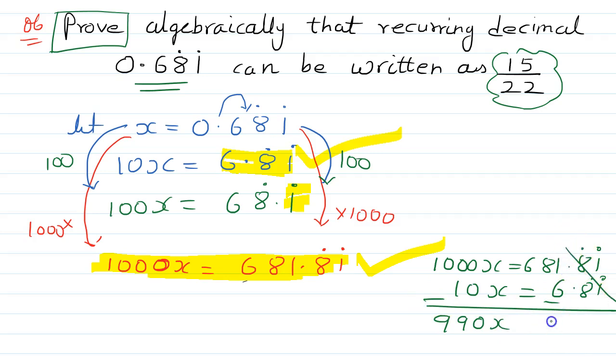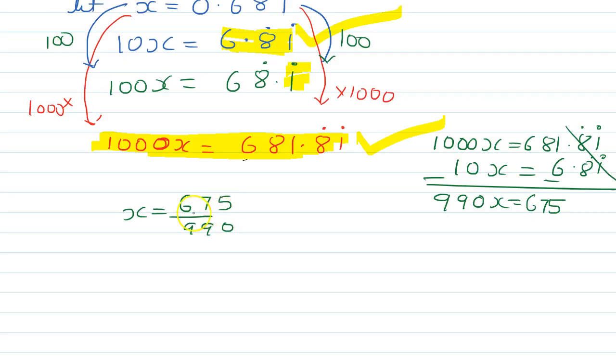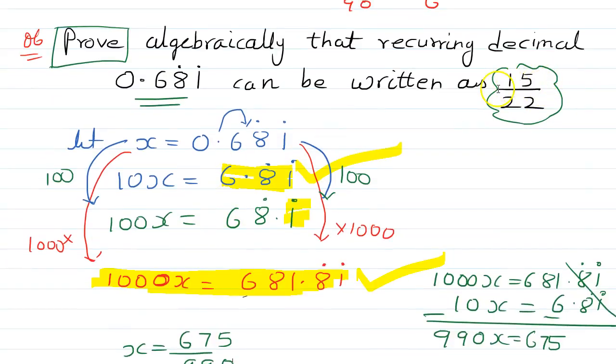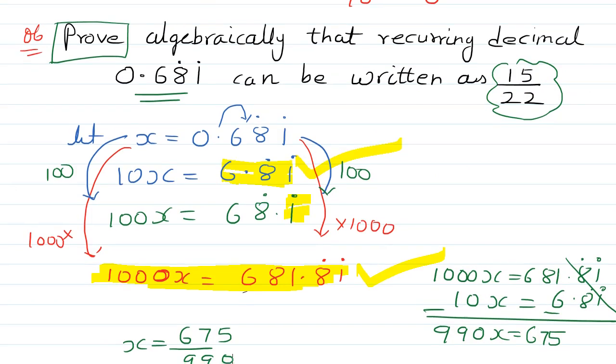So it will be 5, it will be 7, and it will be 6. If you simplify, it will be 675 over 990. Our fraction is 675 over 990, and we need to simplify. If you go back and check, our answer should be 15 over 22, but it is not coming, so we need to simplify.